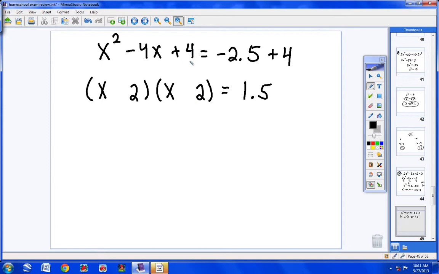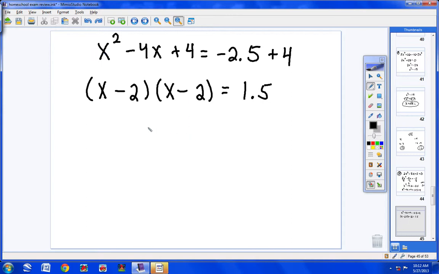And then whatever your middle sign is, in this case it's a negative. So because you have a negative here, you put a negative and you put a negative. Now if this would have been a positive 4x, then you would put a positive and a positive. But it's a negative 4x, so we put a negative and a negative.